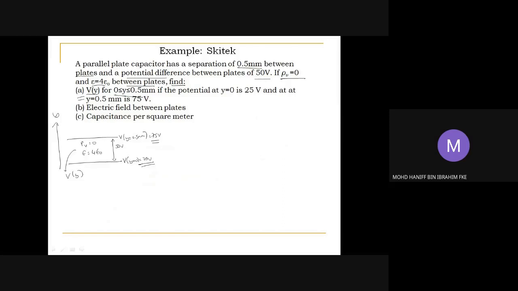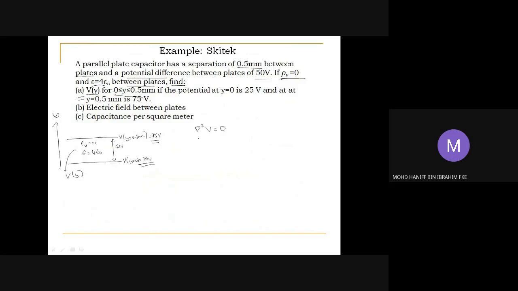Based on this, it clearly shows that this potential can be calculated by using the Uniqueness theorem, because we are given the boundary conditions and the area properties. So we need to select either Laplace or Poisson, and since rho v equals 0, we have to use Laplace, which states that the Laplacian of V equals 0.